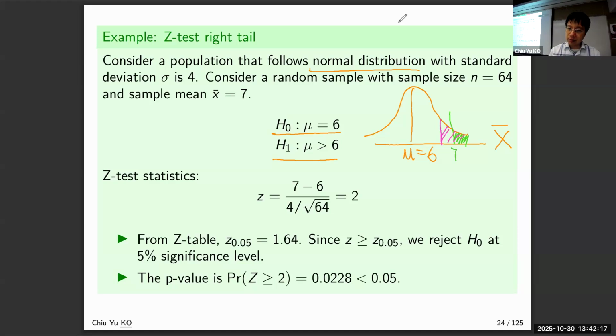Is 7 within this region or not? Since we know that sigma is 4 and n is 64, the standard error, SE, will be 4 over root 64, which is 1/2.